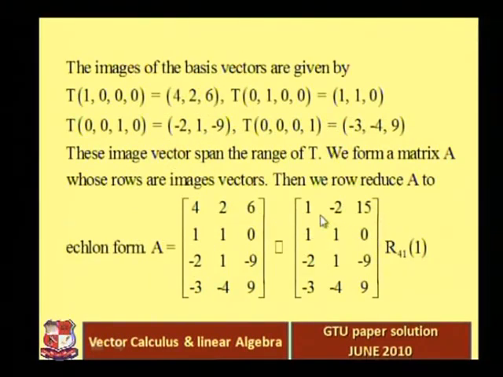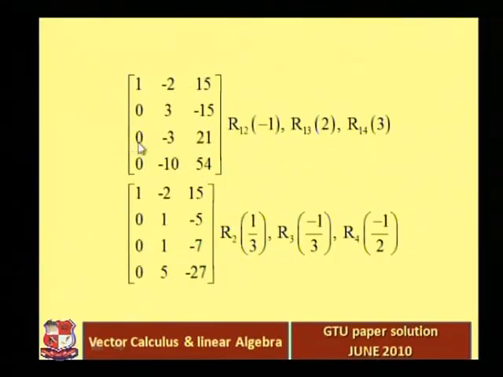So 2 minus 2 is 0, then minus 4 plus 1, that is minus 3, and 30 minus 9, that is 21. So here you will get 0, minus 3, 21.